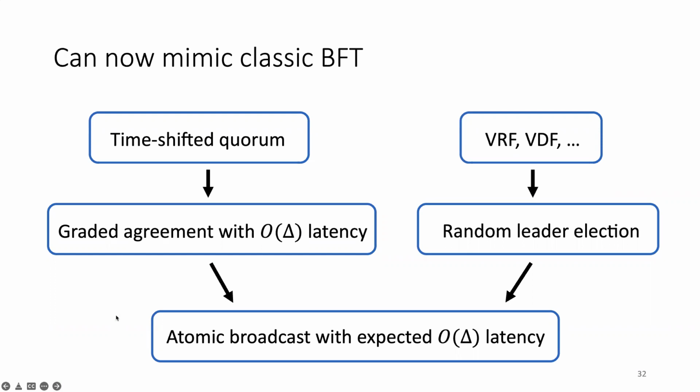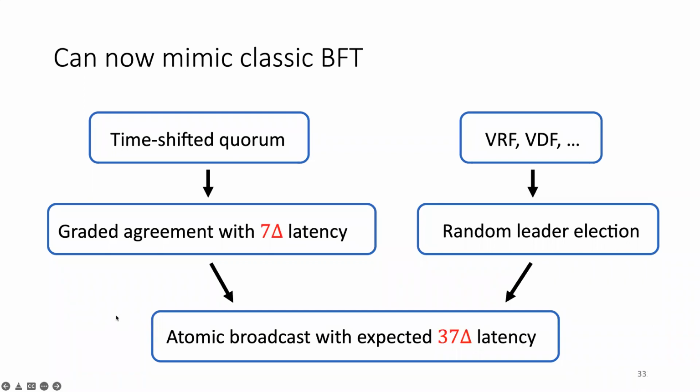Roughly speaking, we'll use the time-shifted quorum to build a graded agreement, which is a trivial step in classic BFT that people don't even notice. And with that, we'll use some sort of procedure to build a random leader election, and then put them together. Then we can build regular BFT protocols.